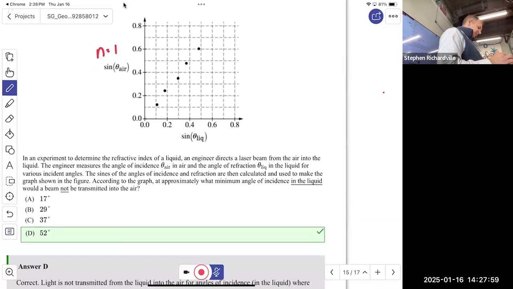Liquid. Anybody figure this one out? No. So let's look. N sine theta critical equals 1 sine 90.